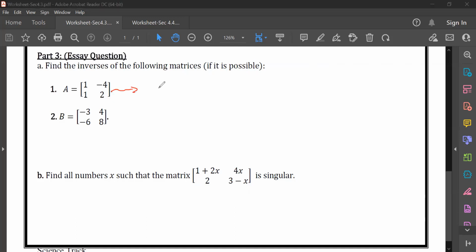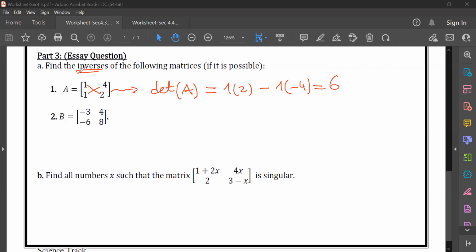First, we must calculate the determinant of the matrix. What is the determinant here? 1 times 2 minus 1 times minus 4 gives me 6. Determinant 6. So what can we conclude?